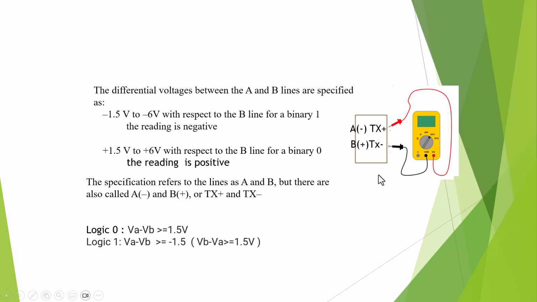If logic 1, voltage A minus voltage B is greater than minus 1.5 volts. That means voltage VB minus voltage A is greater than 1.5.